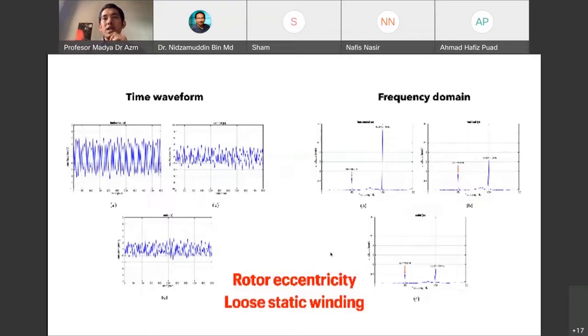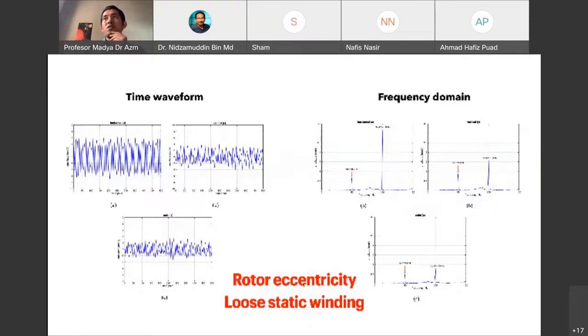So we suggest the client perform what we call current measurement. From current measurement, they can know if something is not right with the rotor or the winding inside the motor.